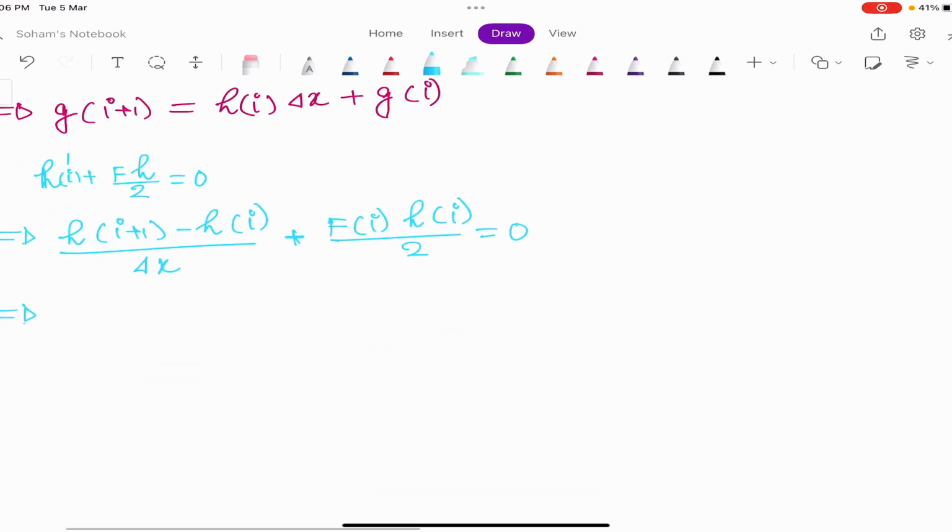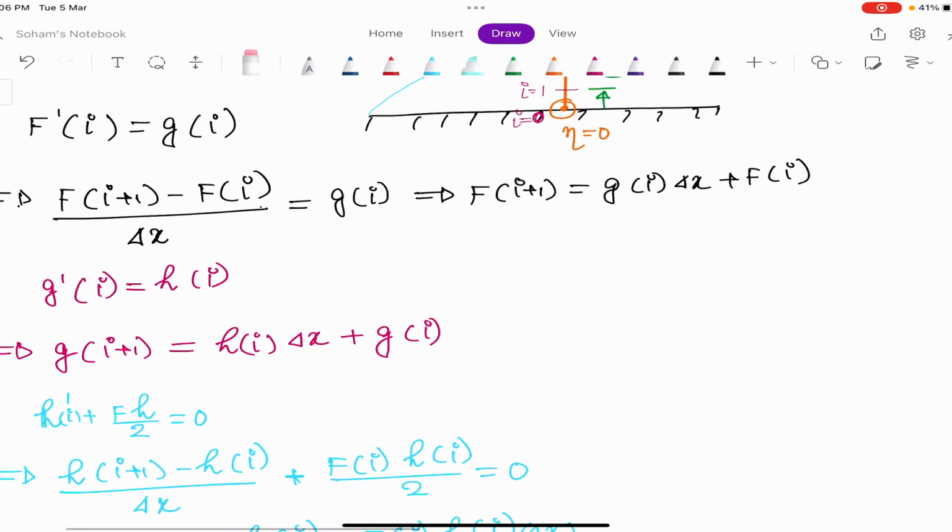So this will be h of I plus 1 equal to h of I minus f of I h of I by 2 into delta x.